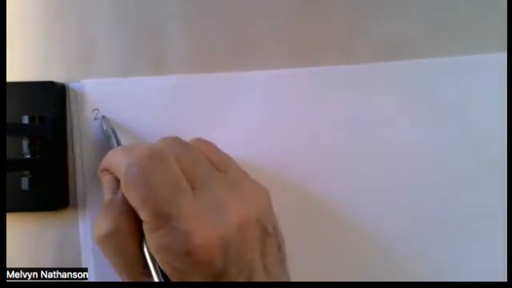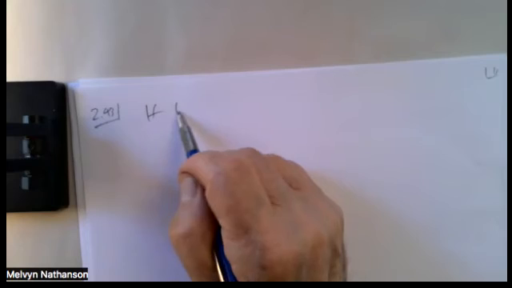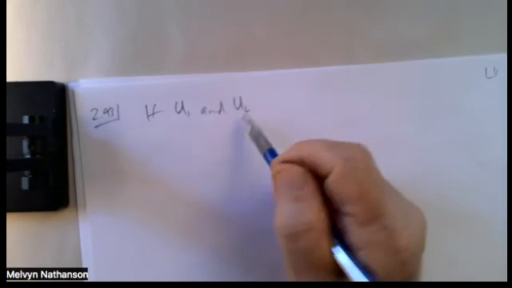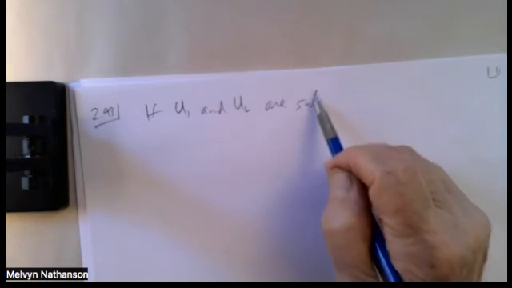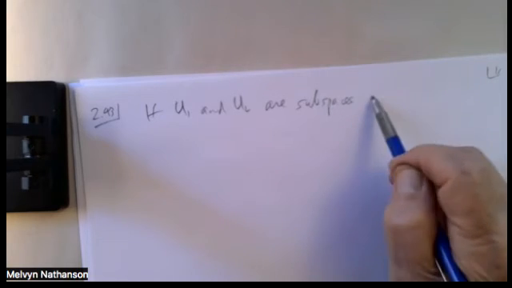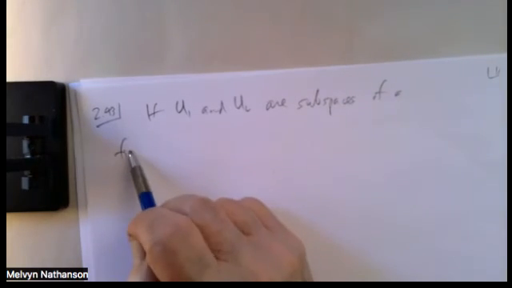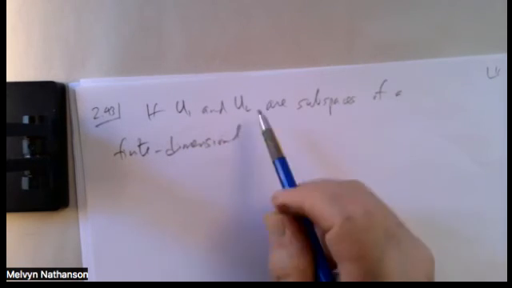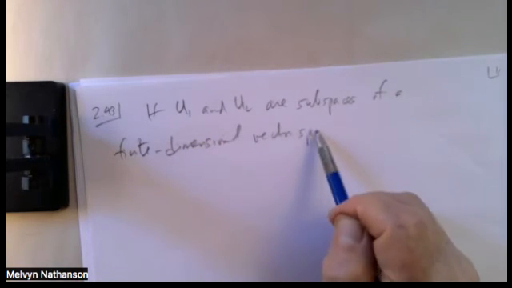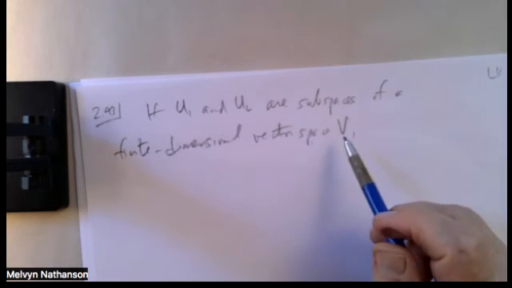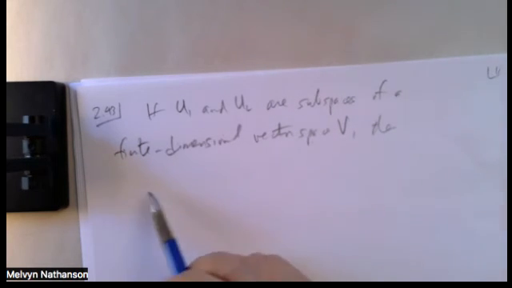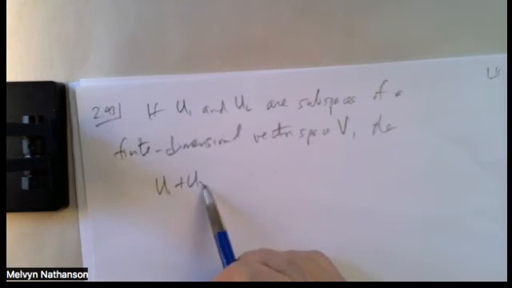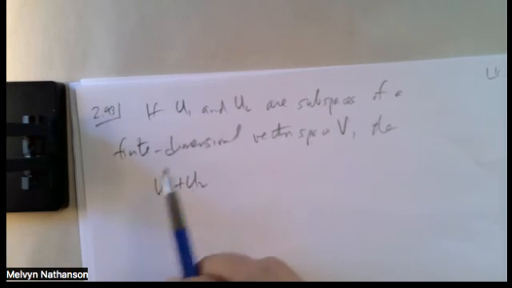So this is section 2.43, and it says the following: if U1 and U2 are subspaces of a finite dimensional vector space V, then I take the sum of the subspaces, U1 plus U2.